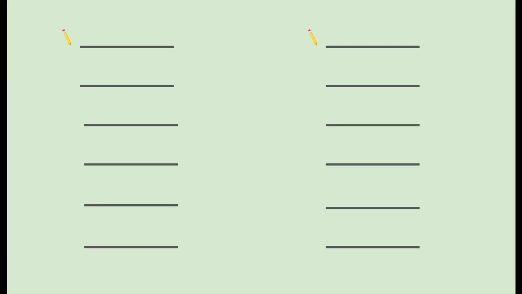Spell vet and vent on your paper. Vet is V-E-T, vent is V-E-N-T. The next pair, shut, shunt.